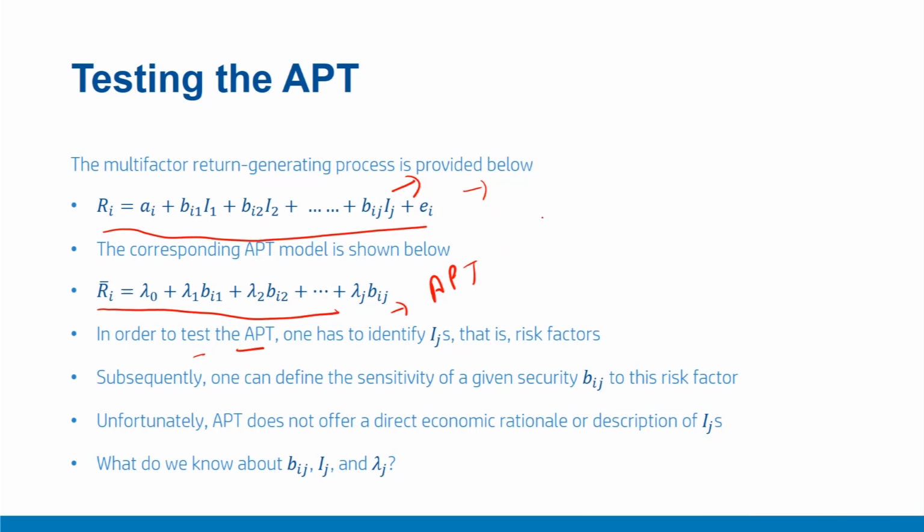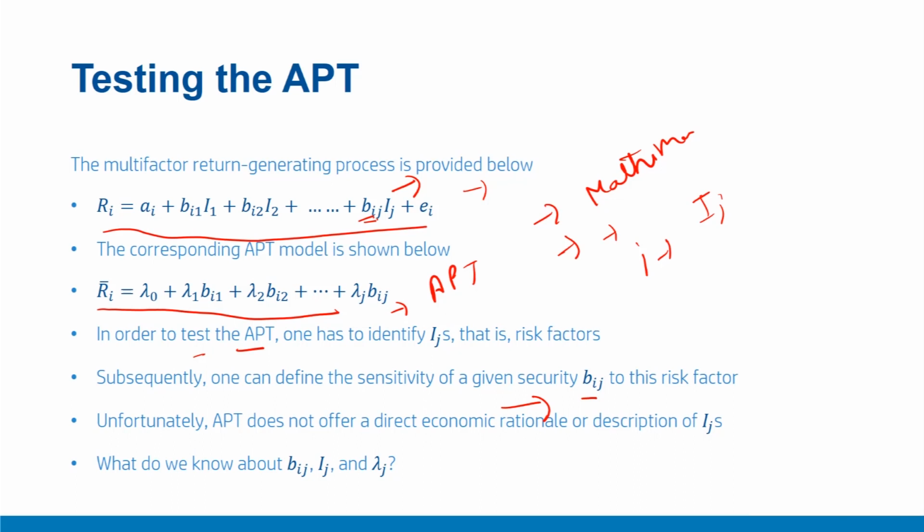Once these Ijs are identified, either through some mathematical procedure or through a priori theoretical underpinning, one can obtain sensitivities, that is Bij. Bij here is the sensitivity of a security i to a risk factor Ij.